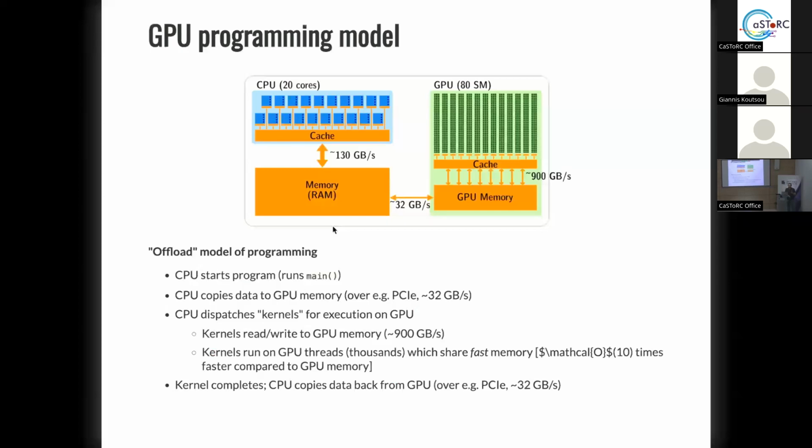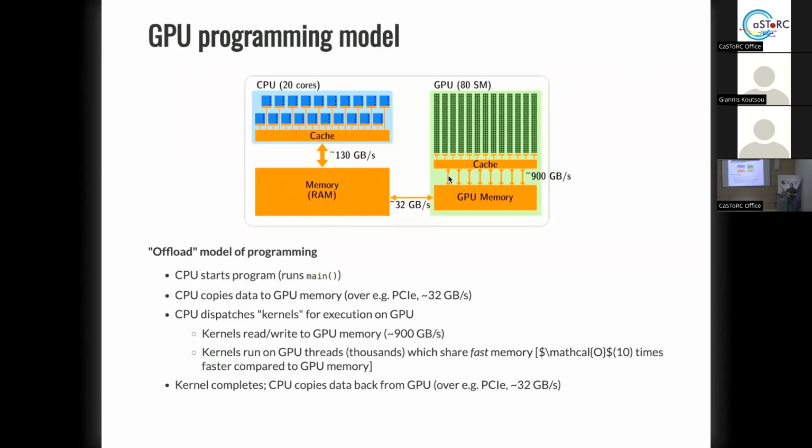The CPU starts the program main exactly as you would do normally. Then at some point in the code, you decide that you want to copy some data from CPU memory to GPU memory. So you call a kind of memcopy operation, which copies data from the CPU to the GPU. Once the data is on the GPU, then you call so-called GPU kernels.